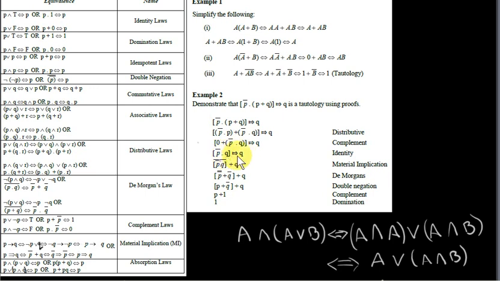Now, the next thing we use is the material implication law. We have this proposition here on the left hand side, not P and Q, implying Q. So we can see that one proposition implying another proposition is equivalent to the negation of the first proposition or the second proposition.